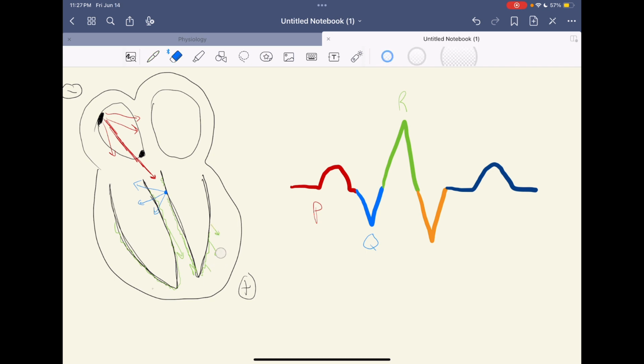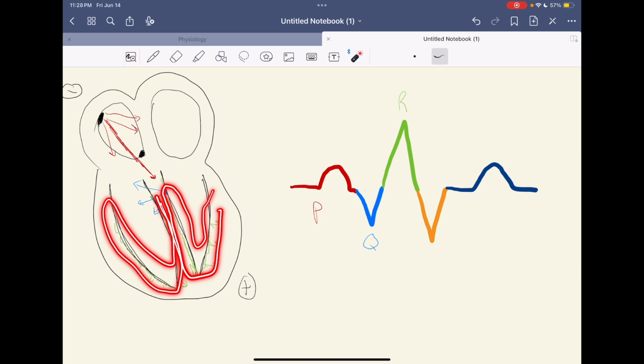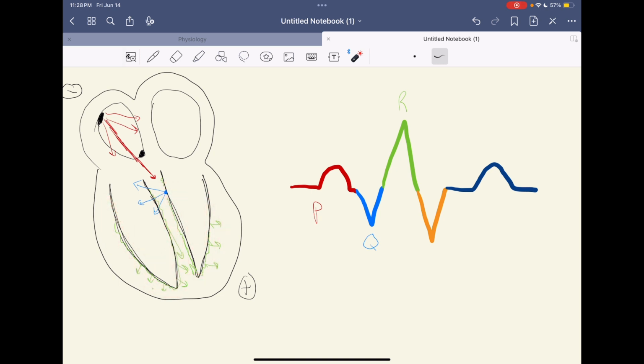Let me draw these a little clearer. So it's going in the net direction of that positive lead. It's about to reach the myocardium and depolarize the entirety of the ventricle. This R wave here is all of this on both ventricles. It's basically these walls being depolarized.